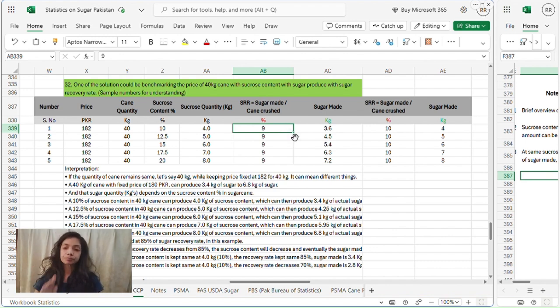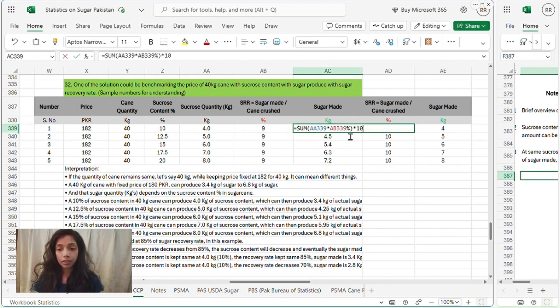So here when we multiply the 9% of sugar recovery rate with the 4 kg of sucrose content, we are going to get the total amount of sugar made, that is going to be 3.6 kgs.